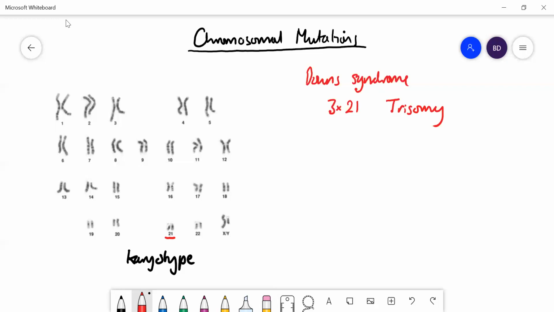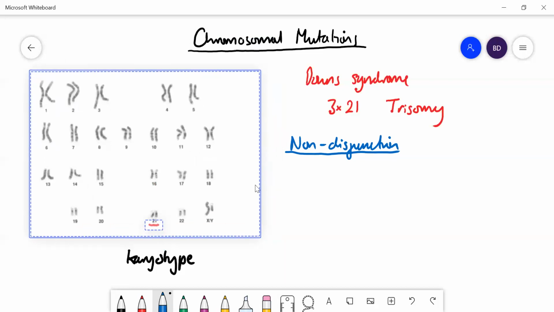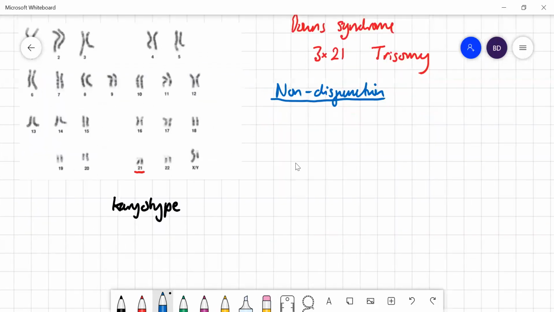Right, how does Down syndrome occur? Well, it occurs from non-disjunction of the chromosomes during meiosis division 1. So let's look at what happens there. I'll draw a cell.